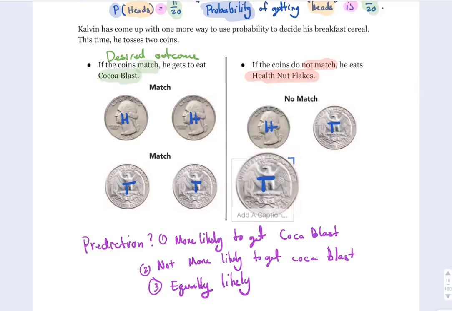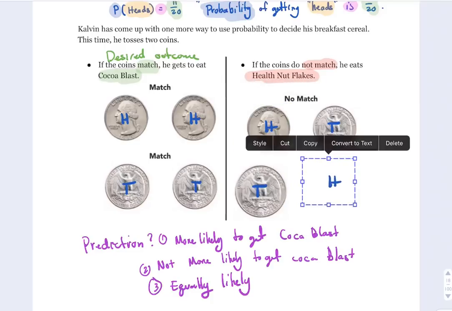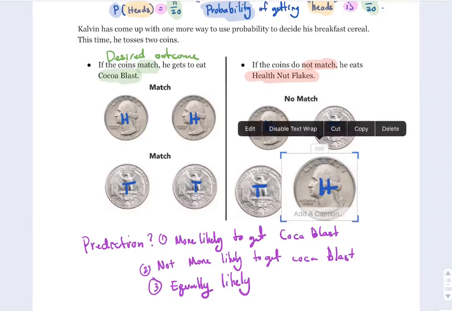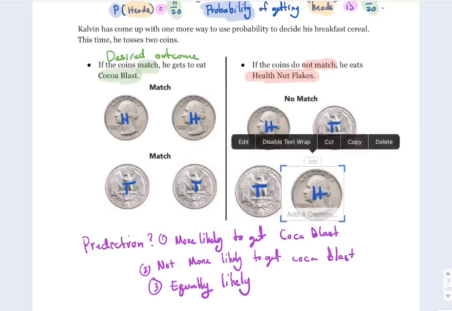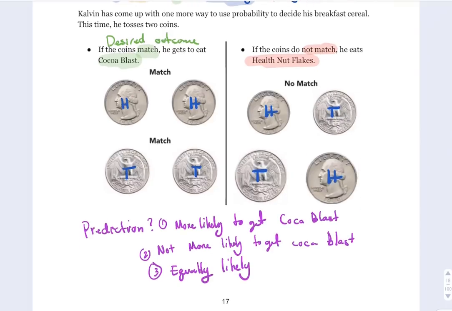You can get tails and then heads. Since the order is not going to make a difference, there is another possible outcome. It could be heads, tails, or tails, heads. Both of those are non-matches, and they're just in a different order.